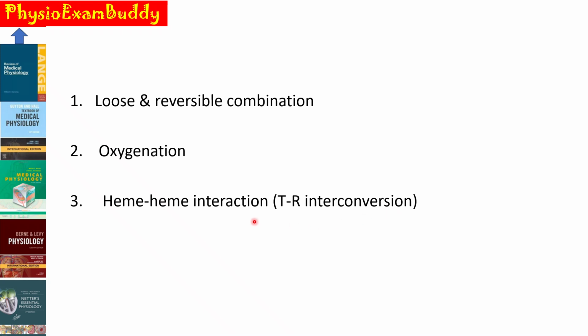So these are some of the properties of the hemoglobin that facilitate oxygen transport: loose as well as reversible combination of hemoglobin and oxygen. Then here the reaction is basically oxygenation and not oxidation. And another property that facilitates oxygen transport is the heme-heme interaction, or the conversion of the T configuration into the R configuration, which is known as the TR interconversion.